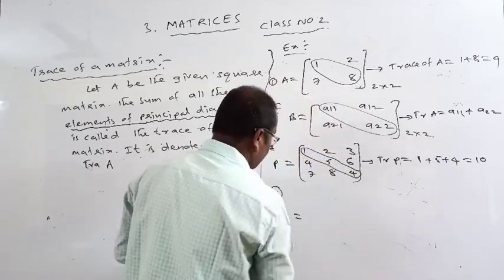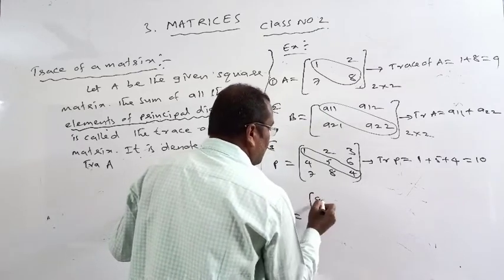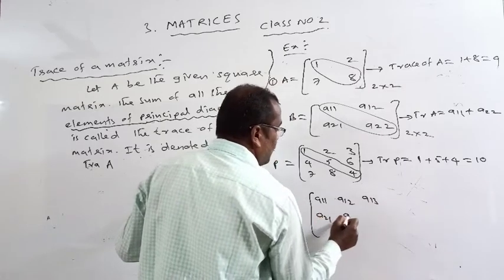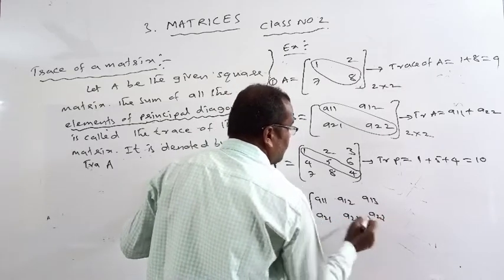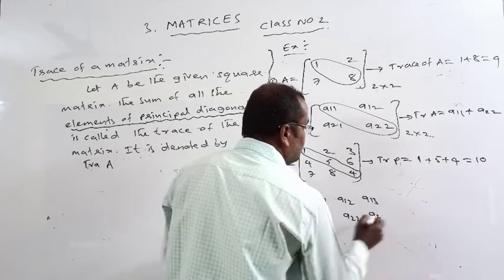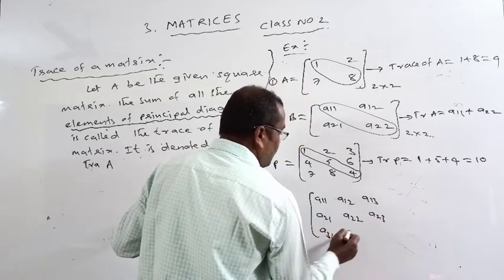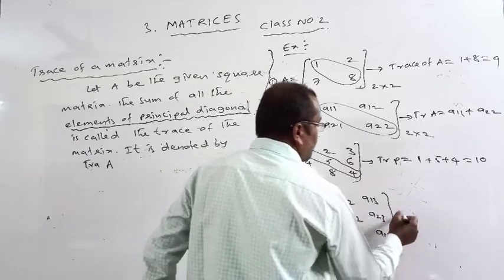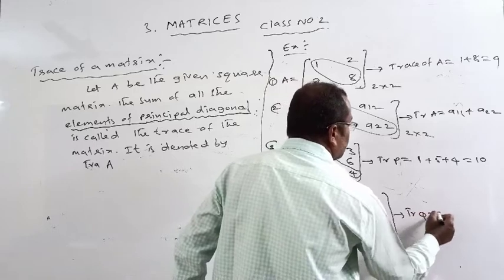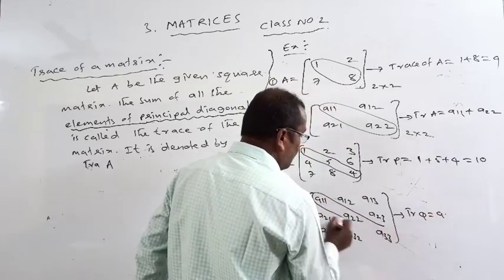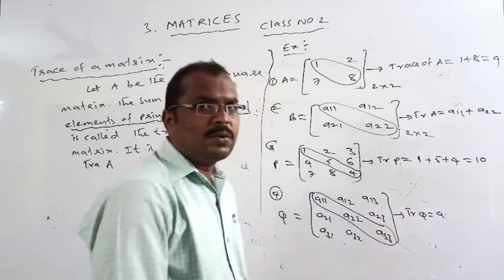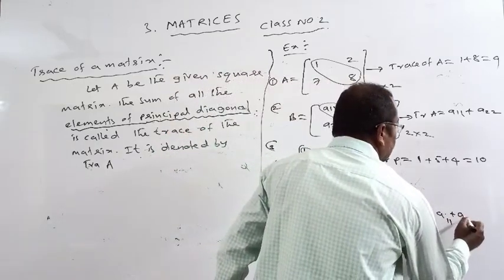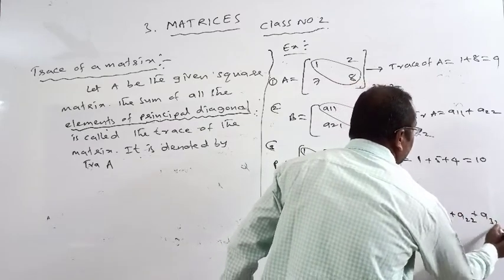Matrix Q with A11, A12, A13, A21, A22, A23, A31, A32, A33. Trace of Q is just adding the elements of the principal diagonal: A11 plus A22 plus A33.